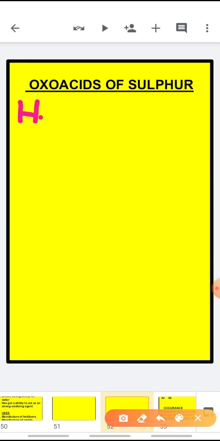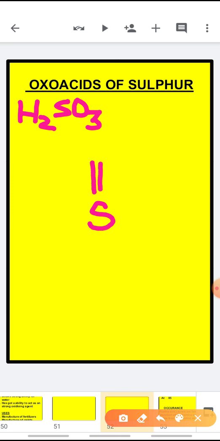H2SO3. Now see, it is an oxo acid of sulfur, so sulfur will be present in the center, and as I have told you, a double bond O is compulsory and one single bond OH is also compulsory. Now apart from this, what is left? One oxygen, and one hydrogen is also left.